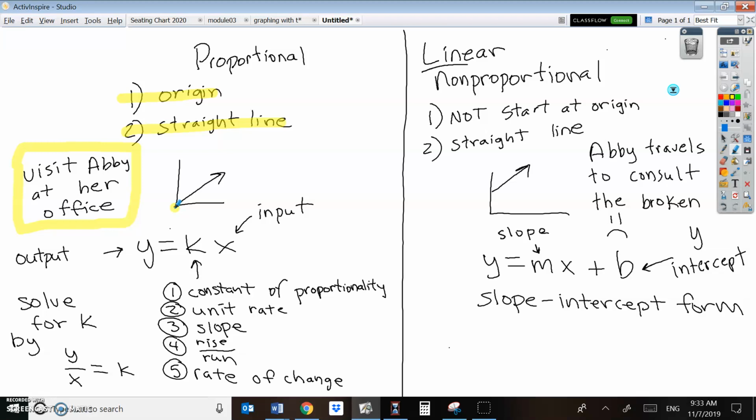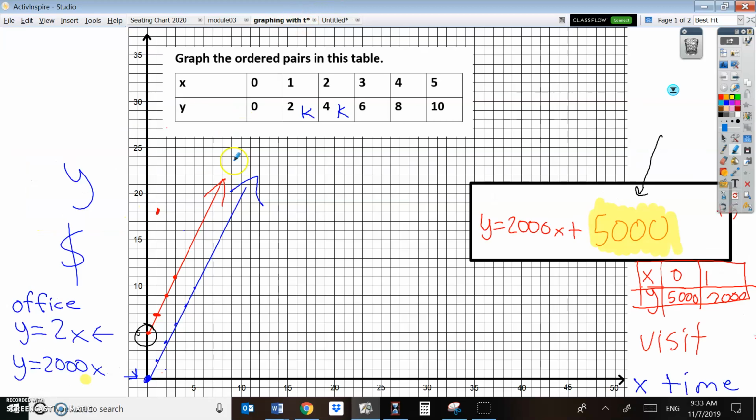Maybe they're at the front door of her office, but then they decide to leave, so they don't spend any money because they don't spend any time talking to her. That is the origin. The straight line is the $2,000 per hour. That's the cost per hour. The cost per hour doesn't change. As you see, it continues up.